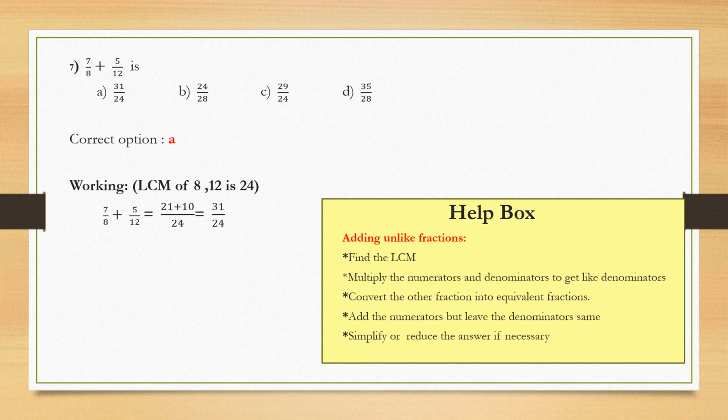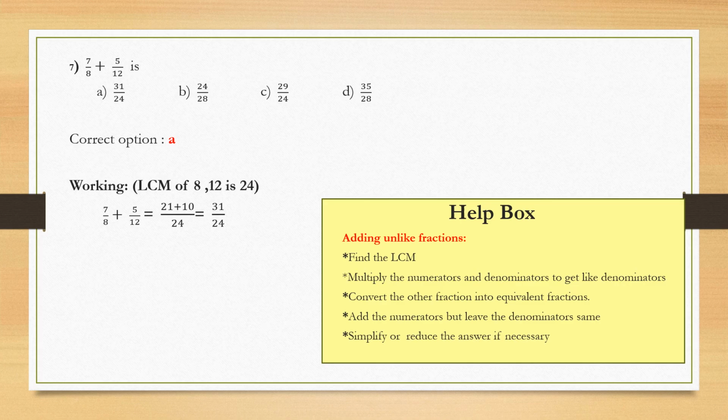For that, you'll have to find out the LCM of the denominators, which is 8 and 12. So when you find the LCM of 8 and 12, you get 24. Solve this, you will come with a solution 31 upon 24.